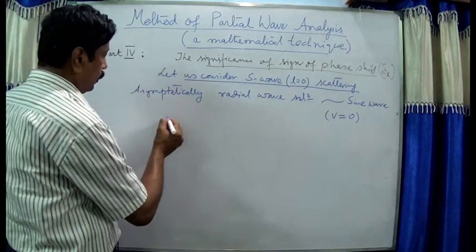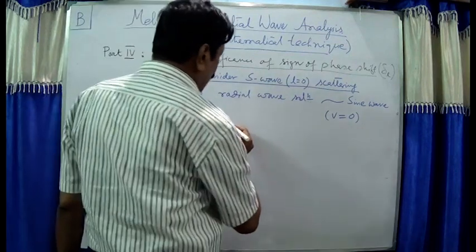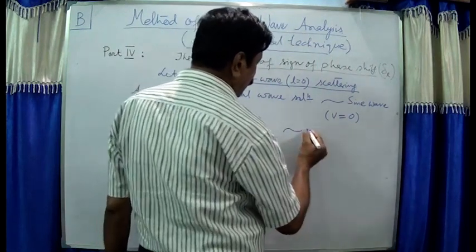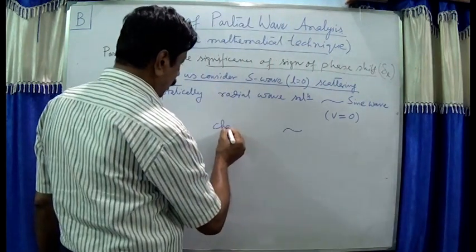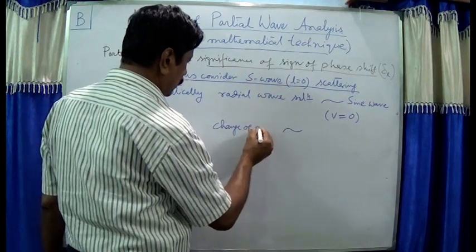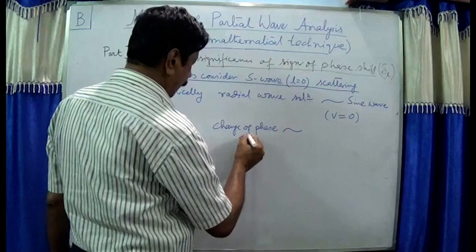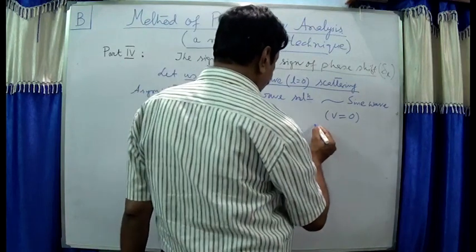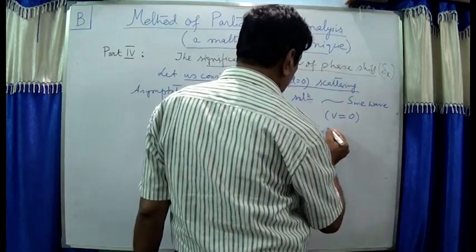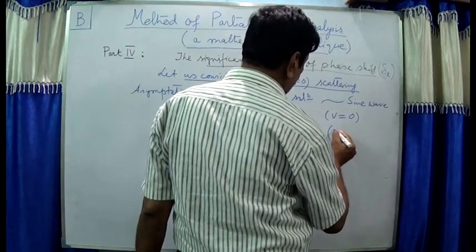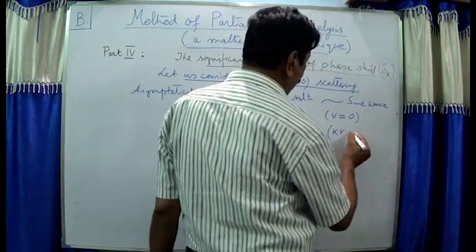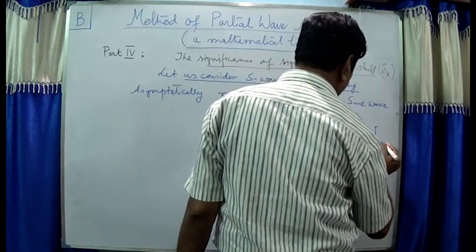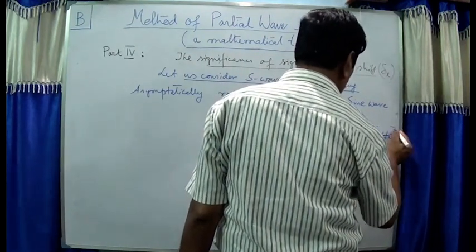Also we know that asymptotically the radial wave solution will attain a change of phase. A change of phase appears as sin(kr plus delta L) when V is not equal to 0.